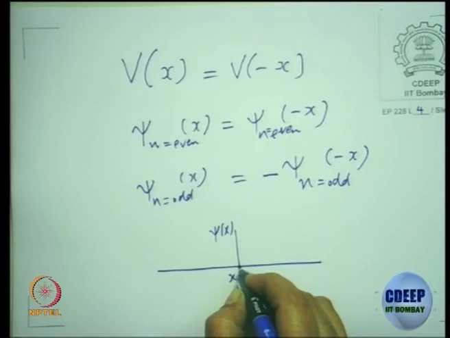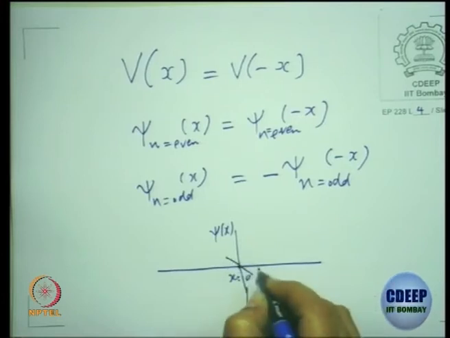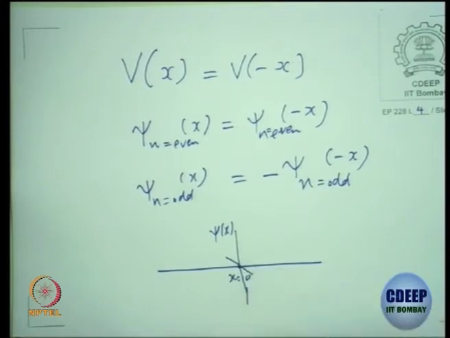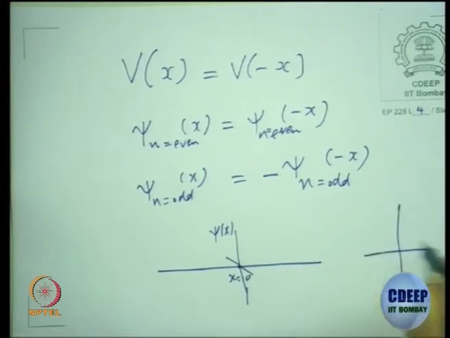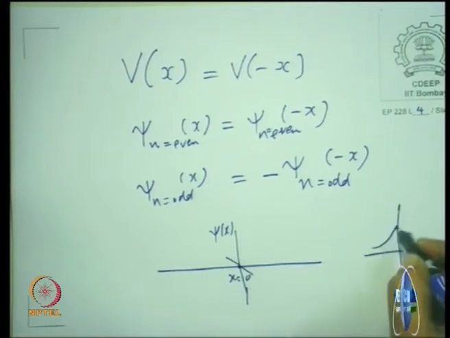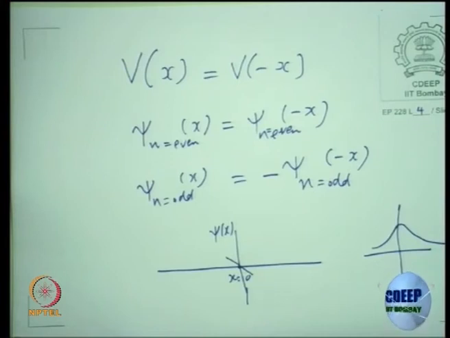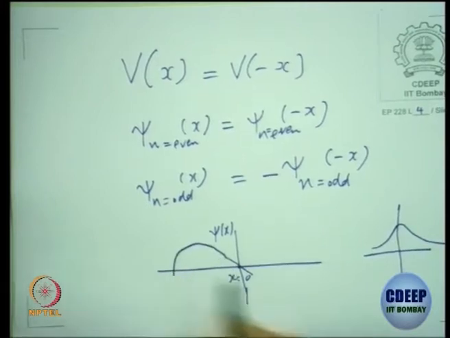You agree? An odd function has to go through 0, has to be 0 at x equal to 0. What about an even function? An even function can be finite, something like this. This is a well defined even function. Odd functions will be something like this.